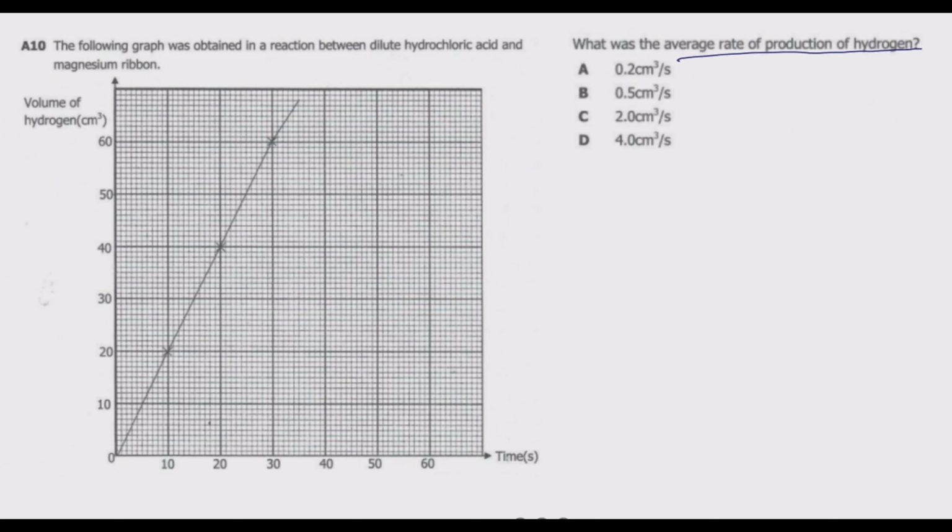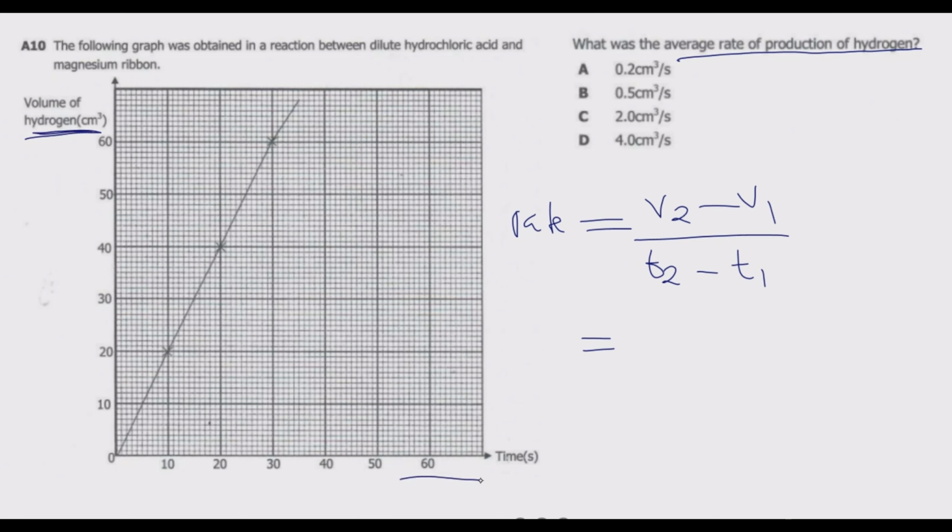For us to find the rate, we need to find volume 2 minus volume 1 over time 2 minus time 1. This is just the volume of hydrogen produced per time in seconds.